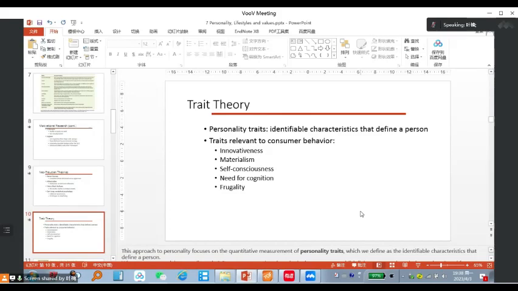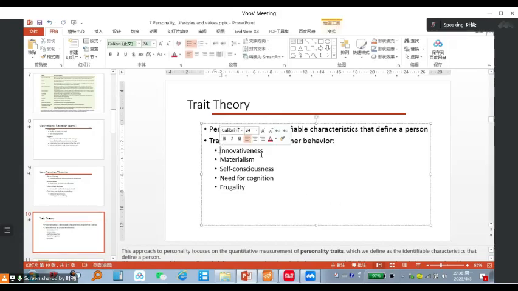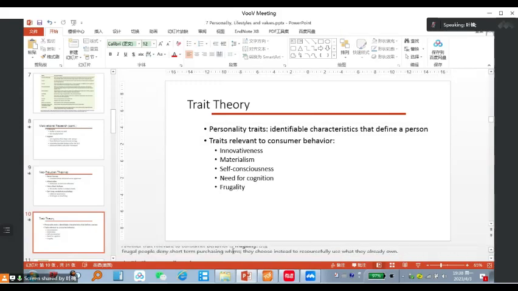Traits relevant to consumer behavior include innovativeness, materialism, self-consciousness, need for cognition, and frugality. Frugality means frugal people deny short-term purchasing whims. They choose instead to resourcefully use what they already own.